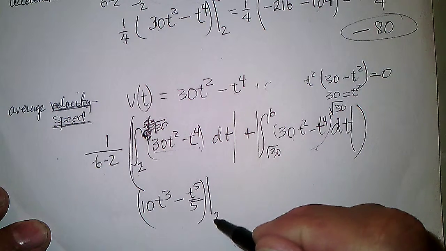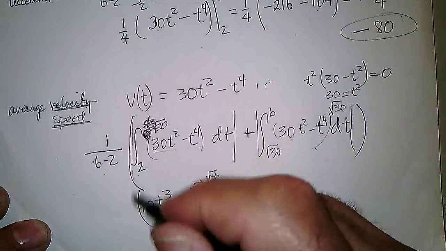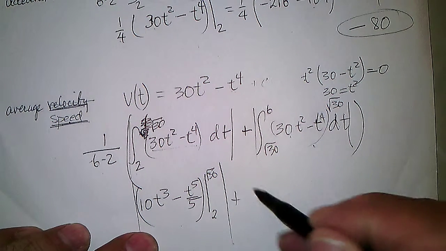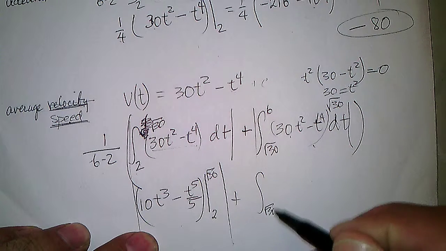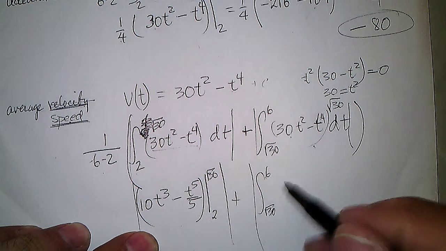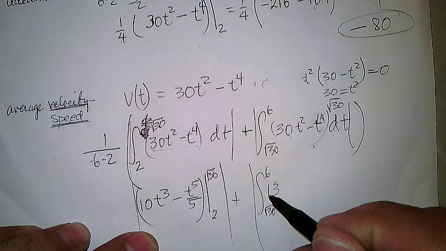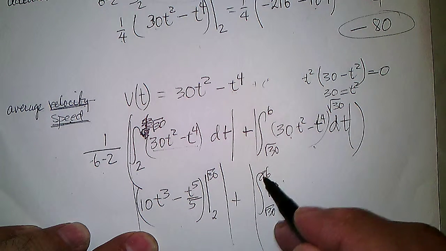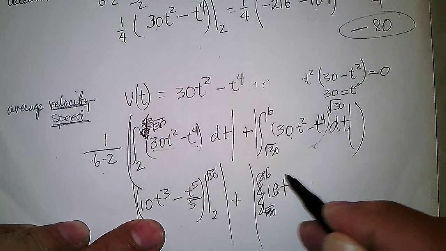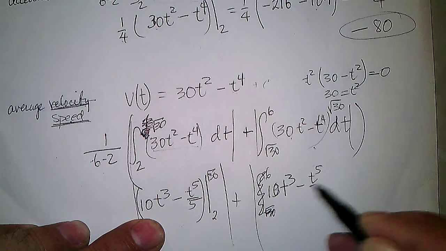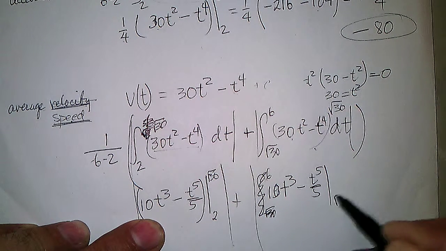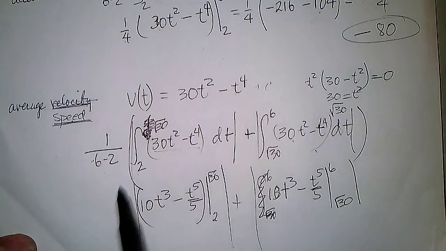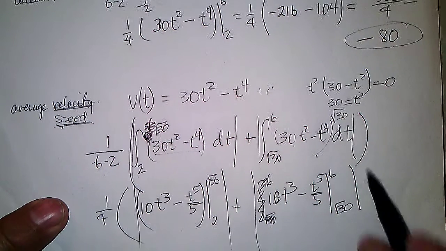I've got to evaluate this from 2 to the square root of 30, and then take the absolute value of that, so we're just getting the change in distance, plus the integral from square root of 30 to 6, absolute value of the same thing, 10t to the third minus t to the fifth over 5, evaluated from square root of 30 to 6. Take the absolute value, and then 1/4 of that to get the average.